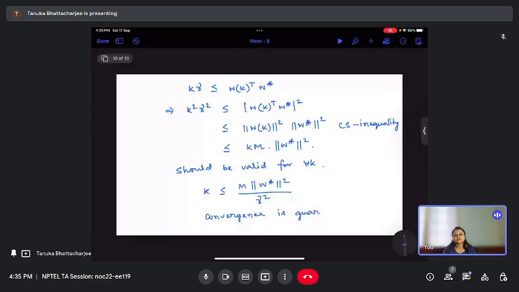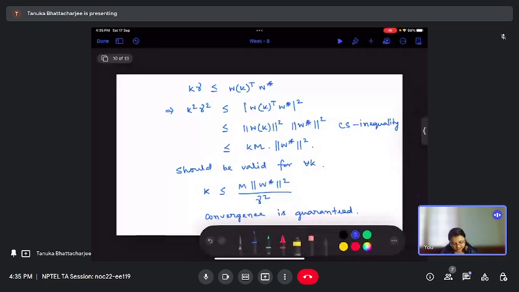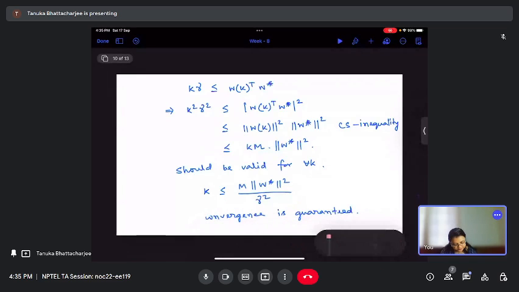Here we have assumed the step size as 1, but it is also applicable to any step size you take. This convergence is guaranteed if you have linearly separable classes. And we used the approach of proof by contradiction to prove this convergence.